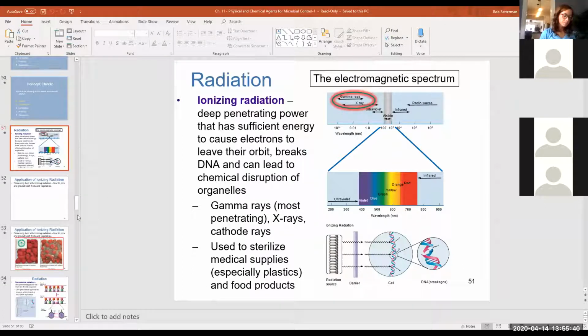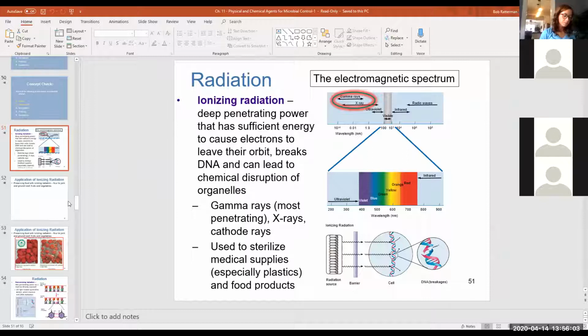Okay, so the primary difference between ionizing and non-ionizing forms of radiation has to do, to a large extent, with what aspect of the electromagnetic spectrum is being utilized.